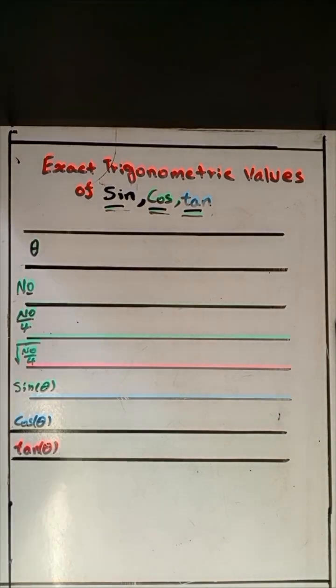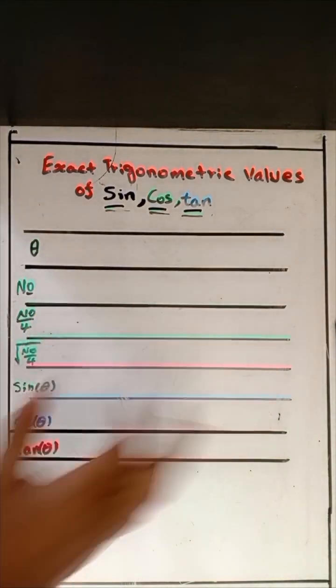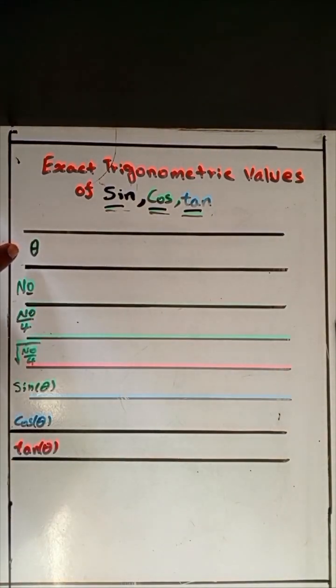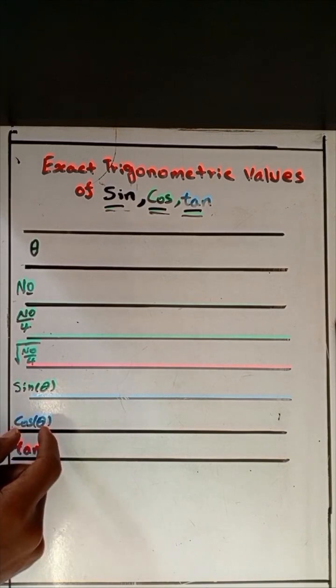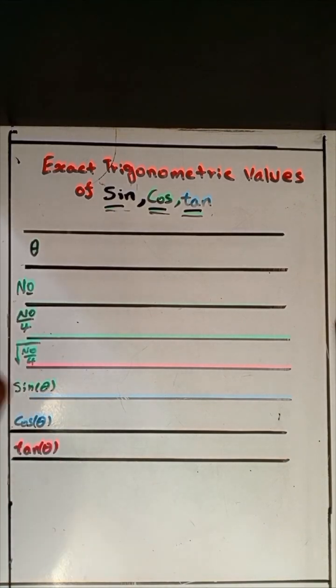To use this simple trick, first you have to construct a table which has the angles, the number of the angles which starts from 0, and we divide the numbers. So let us look at how we can easily remember the basic trigonometric values of all the angles 0, 30, 45, 60 and 90.